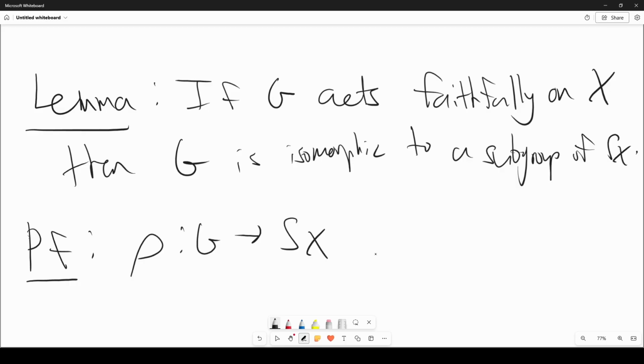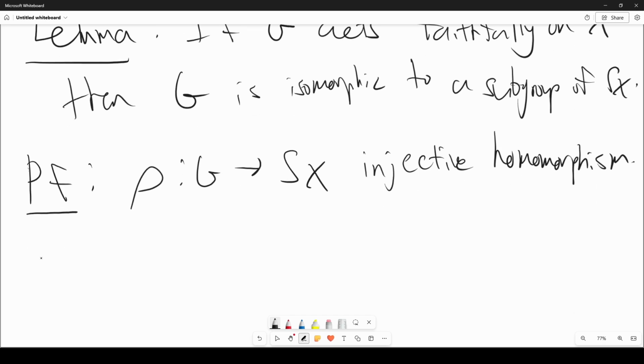And since G acts faithfully on X, this is an injective homomorphism. Now consider the subgroup image of rho.